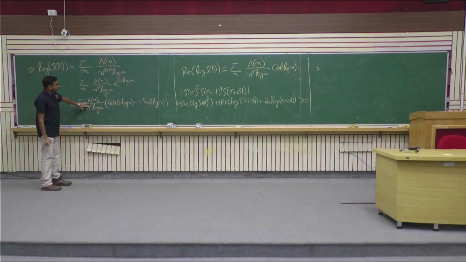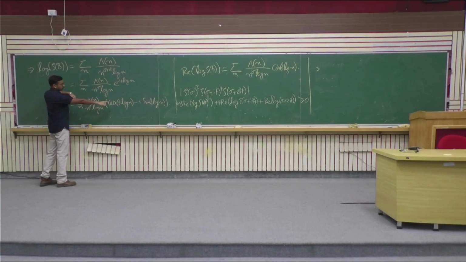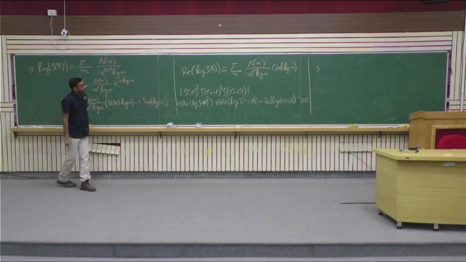For sigma, t is equal to 0, so cos 0 is 1, and only this part will remain. For the next one it will be 4 times this, and for the next one it will be just this one, but with t replaced by 2t.